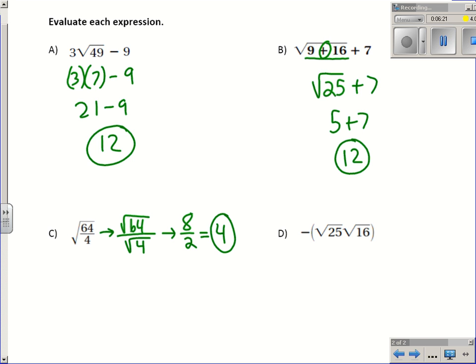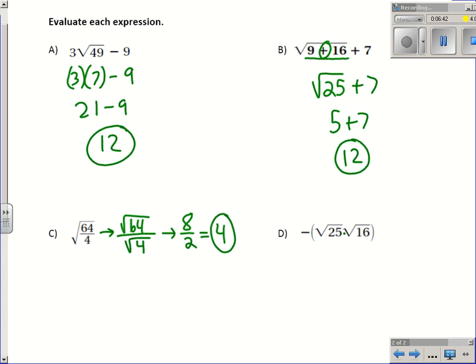And then last but not least, we have a negative sign outside of parentheses, and then square root of 25, square root of 16. When you see 2 roots together like that, it means multiplication between them. And we always want to do what's in the parentheses first.